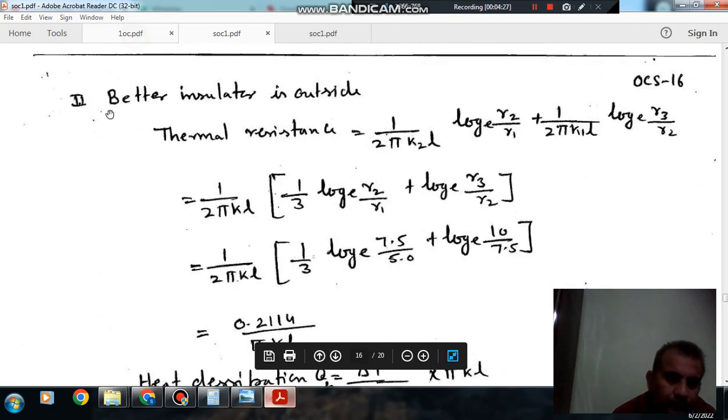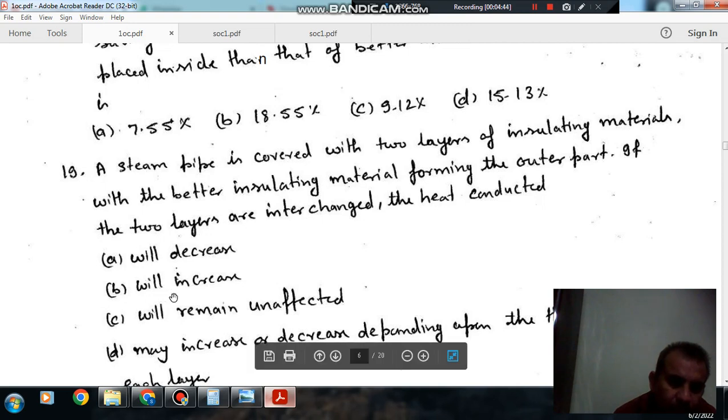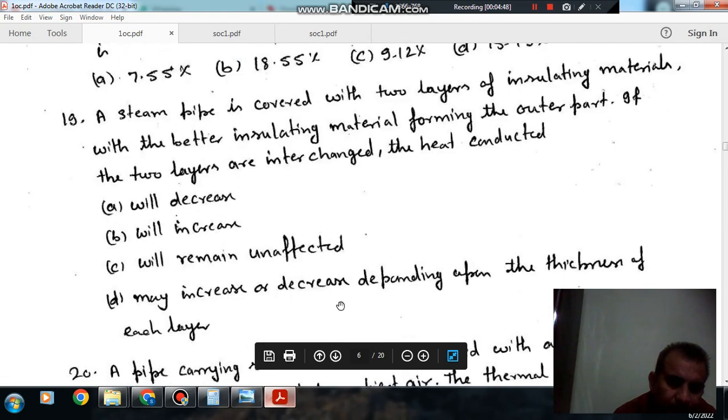Now the next question: a steam pipe is covered with two layers of insulating material, with the better insulating material forming the outer part. If the two layers are interchanged, the heat conducted will: option A decrease, option B increase, option C remain unaffected, option D may increase or decrease depending upon the thickness of each layer.